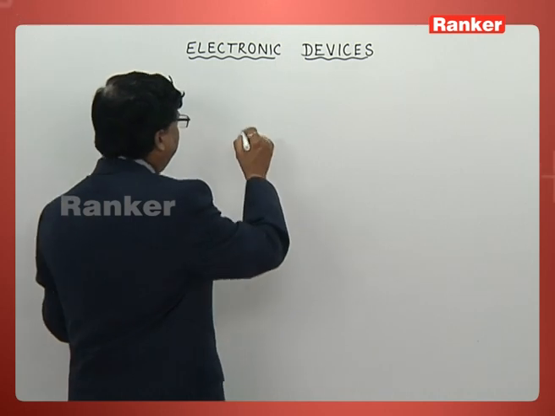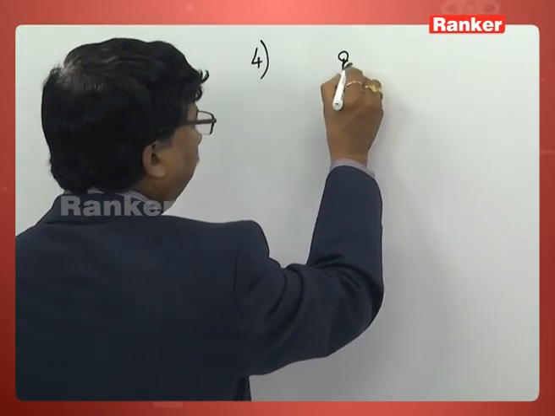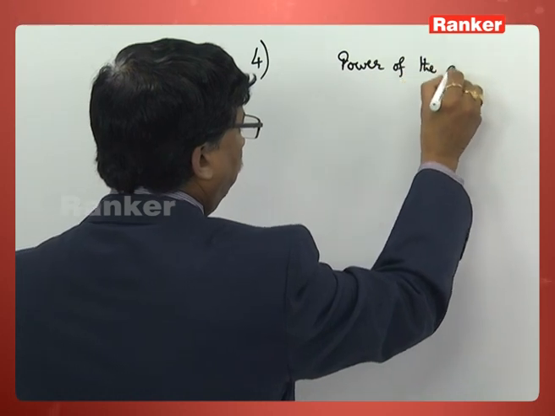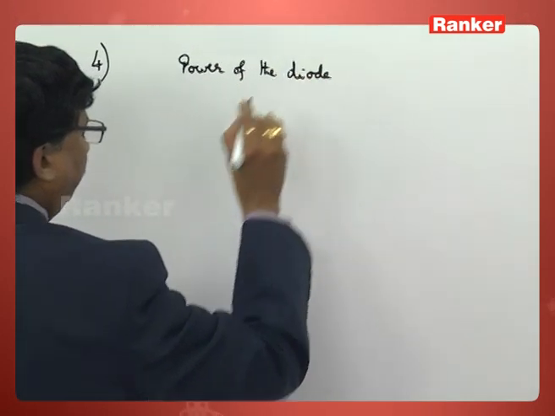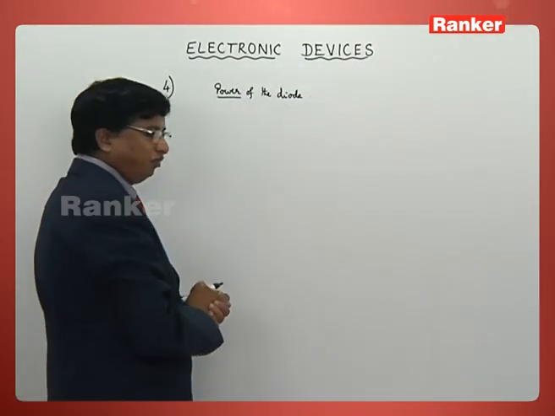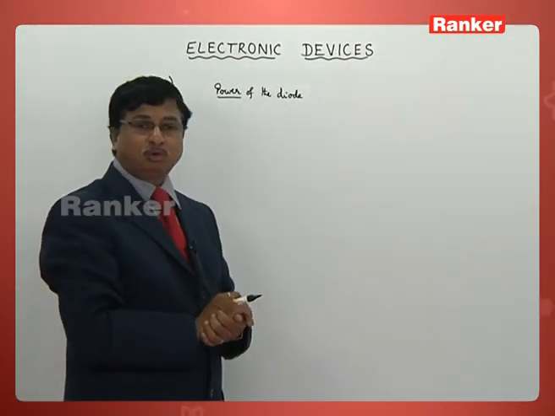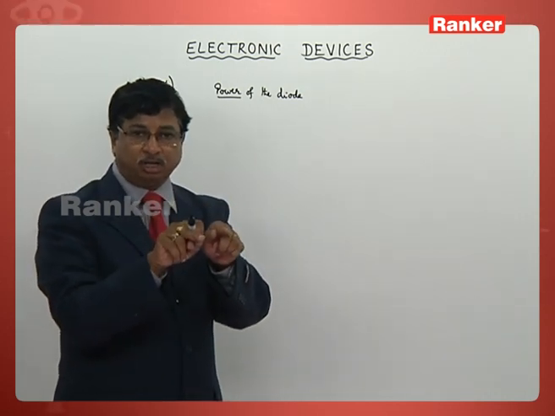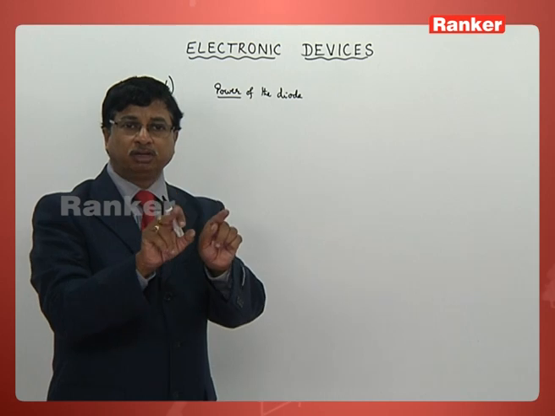First, let us look at the power of the diode. Whenever we talk about the power of the diode, you have to consider the barrier potential in that diode, whatever is existing.